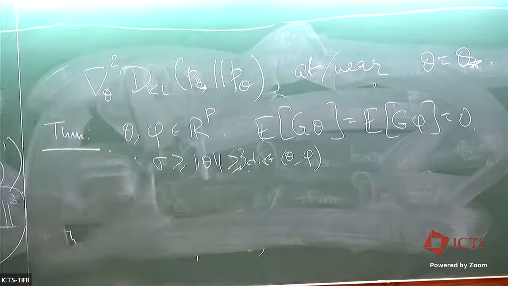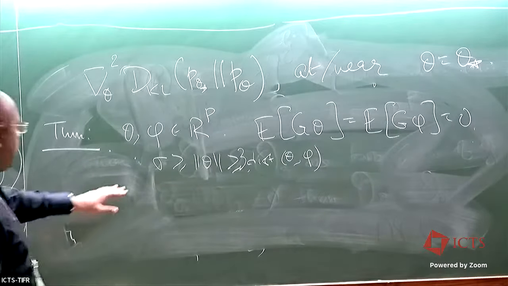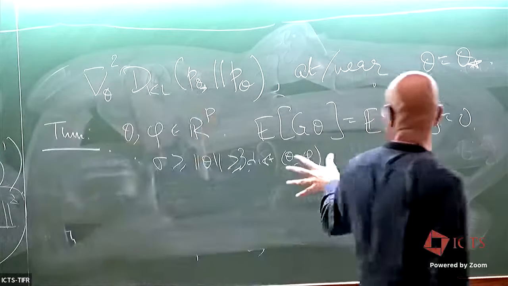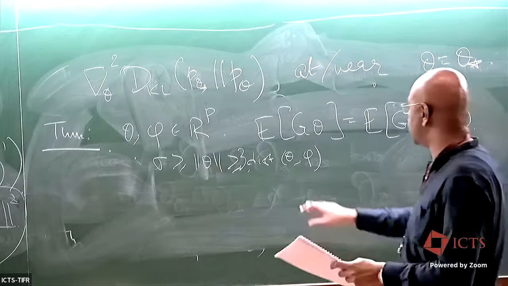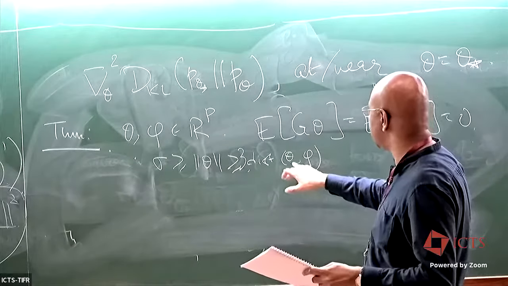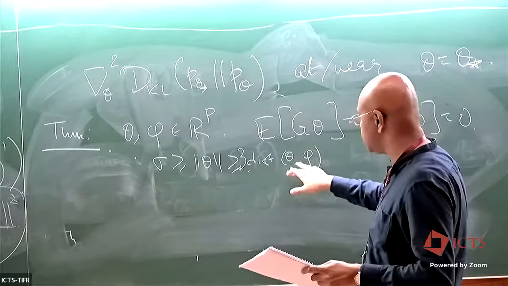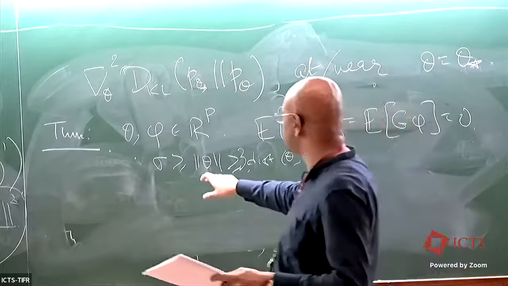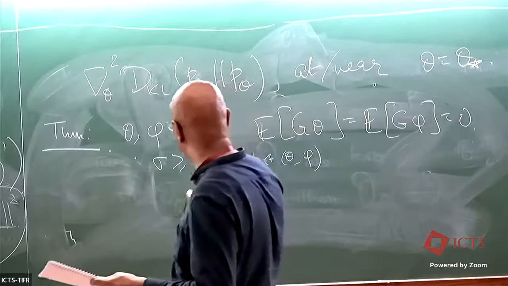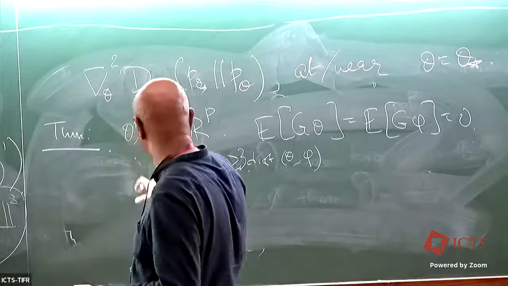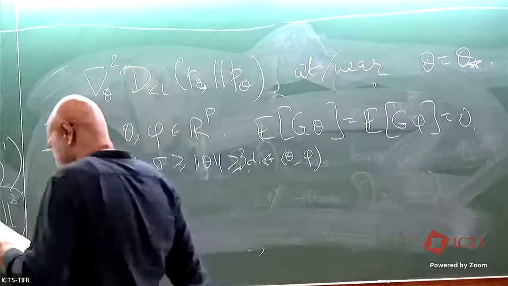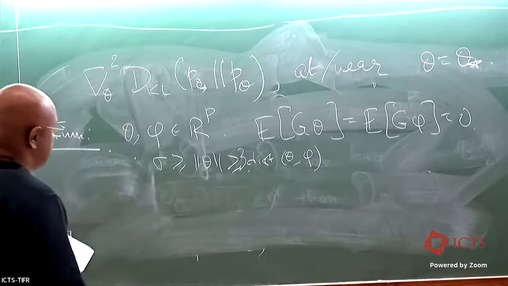These are just normalization issues. This is always going to hold in the situation we are interested in: phi is theta star, theta is very close to theta star, so this distance is very small, and of course it is going to be smaller than the norm of theta. And sigma, in the high noise regime, is going to infinity, so of course this is going to hold.